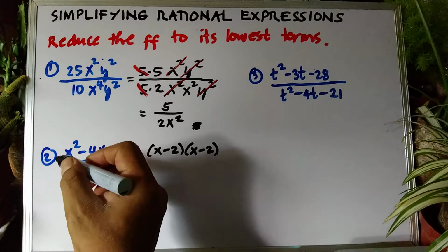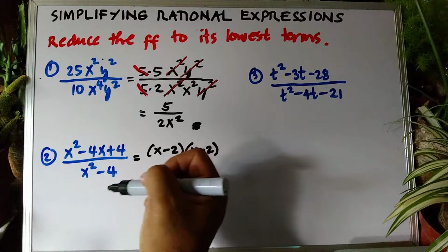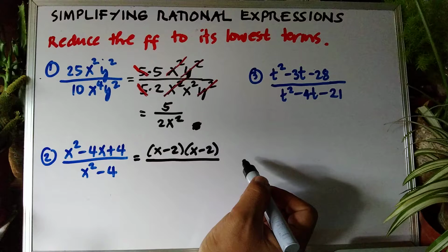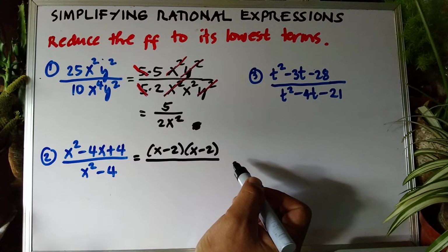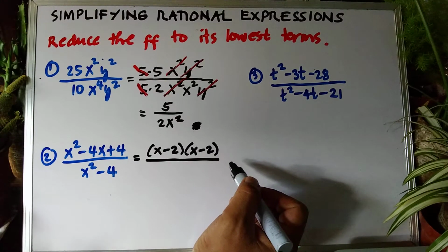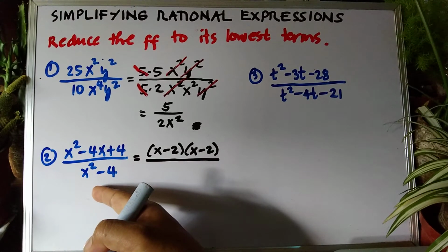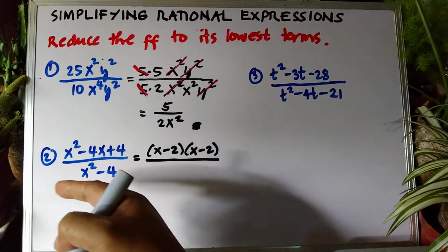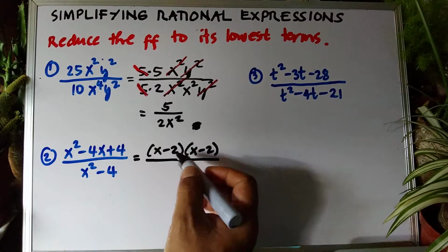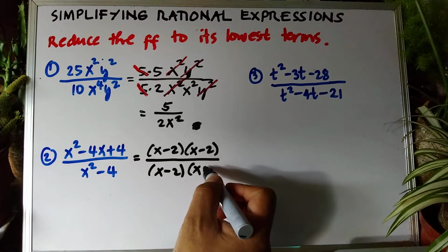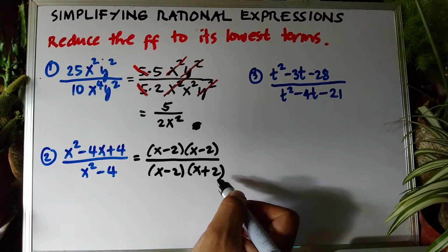So, in number 2, we need to factor the numerator and the denominator and look for the like terms so that we could cancel them. How about the denominator x squared minus 4? This is a clear difference of two squares. So, you could have x minus 2 times x plus 2, correct?